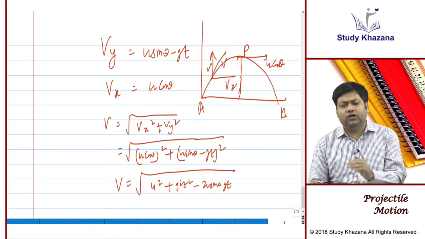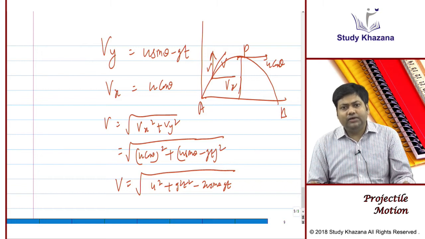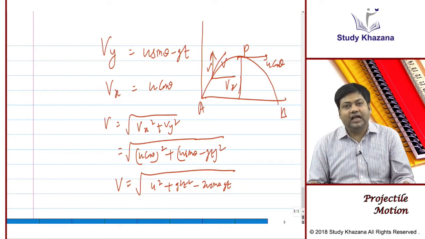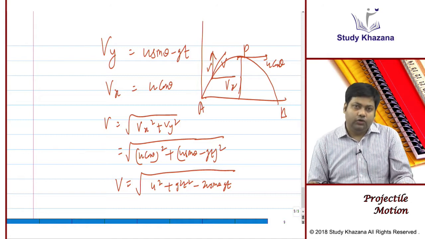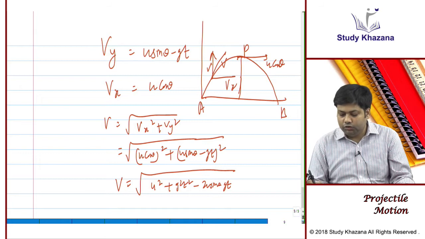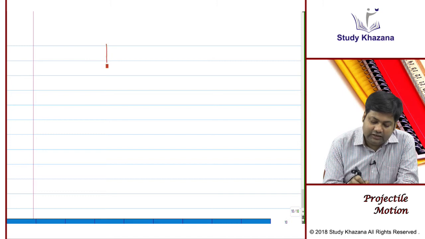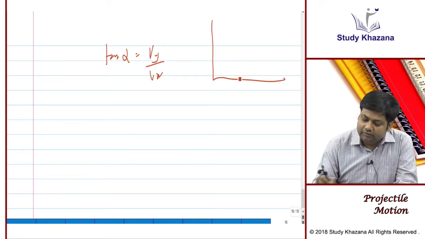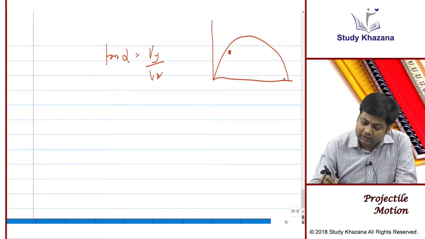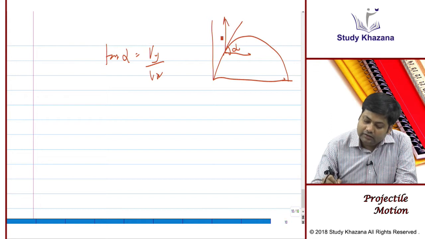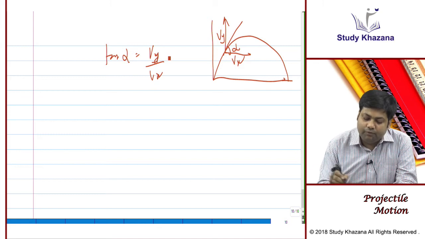There is another aspect of the velocity, that is how much angle the body is now making with the horizontal. Initially the body was making an angle theta when it was projected. We can get the value of that also. Let's say tan alpha is defined as Vy by Vx. If you project the body like this and this is alpha, then this is Vy and Vx, so tan alpha is Vy upon Vx.